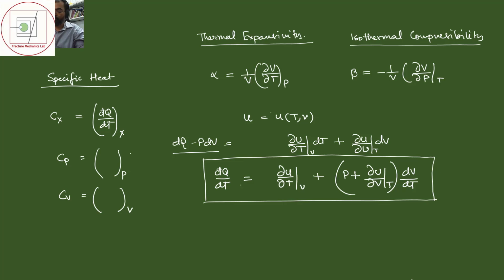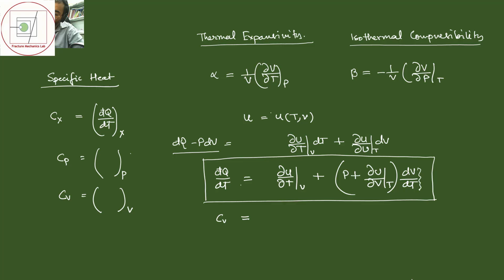Now let us impose the condition of having pressure constant. That means Cp. Well, for the sake of simplicity, I should first impose volume as constant. We can do pressure constant also, but this will be better. You will see why. When we take volume constant, then the dV by dT term goes away.